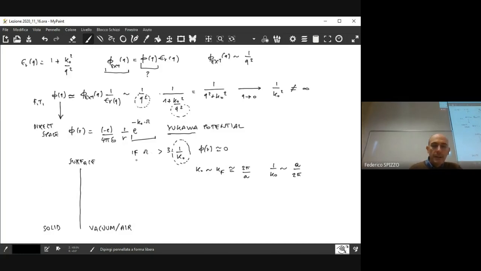But if we take into consideration the screening contribution of the electronic charges, then if you are here and look at the system, and if the distance d is larger than 3 times 1 divided by k0, then you don't feel the effect of the surface.